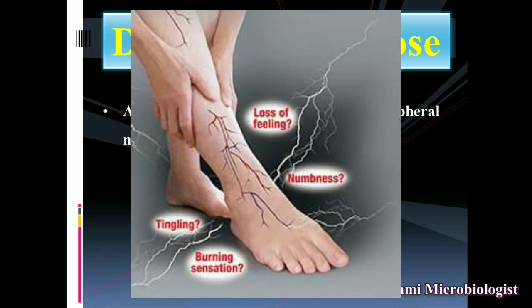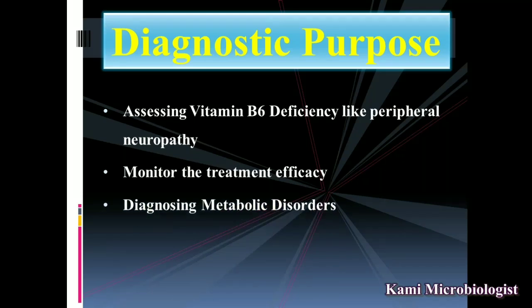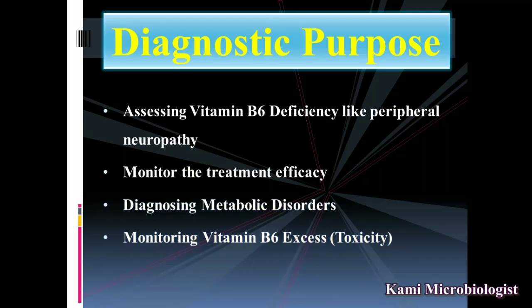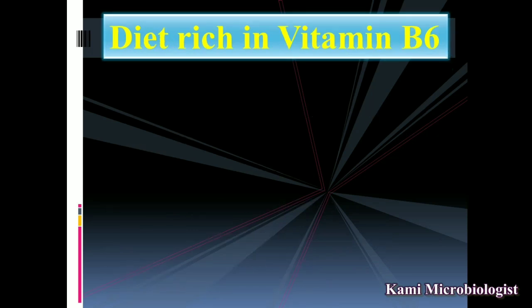As you can see on the computer screen, this is the peripheral neuropathy disease. It can monitor the treatment efficacy. It can diagnose metabolic disorder. It can monitor vitamin B6 excess, meaning it can find out the high level of vitamin B6, like toxicity. It can evaluate nutritional status.